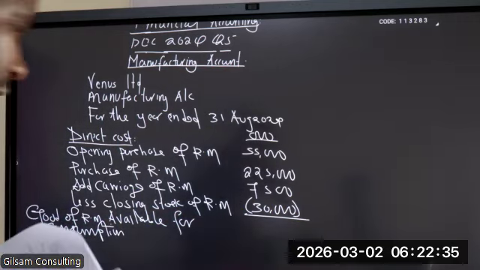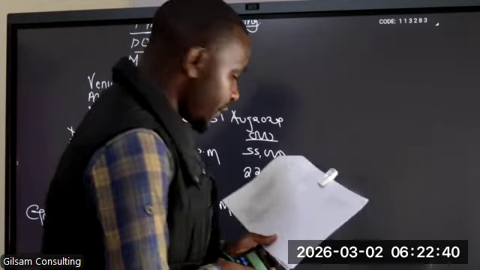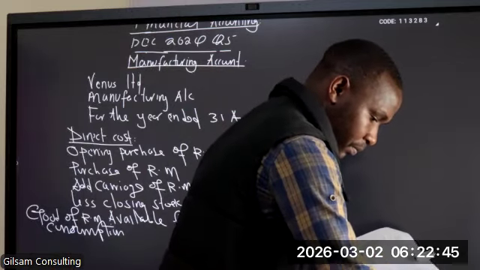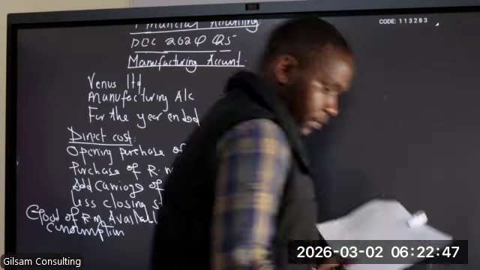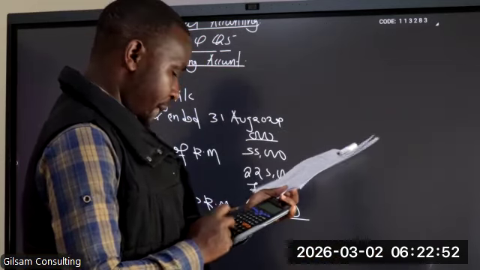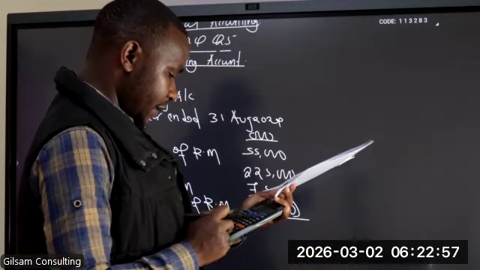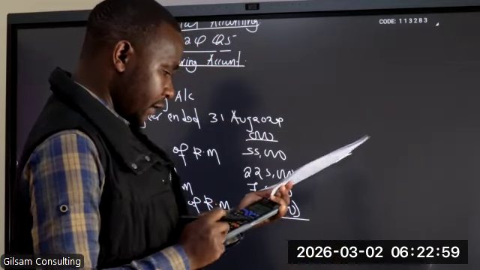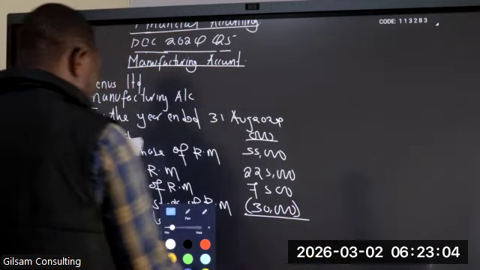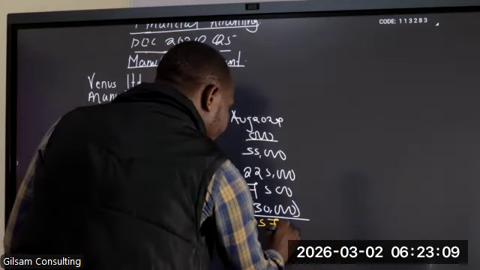Goods of raw material available for consumption: 55,000 plus 225,000 plus 7,500 minus 30,000. So you're getting 257,500.